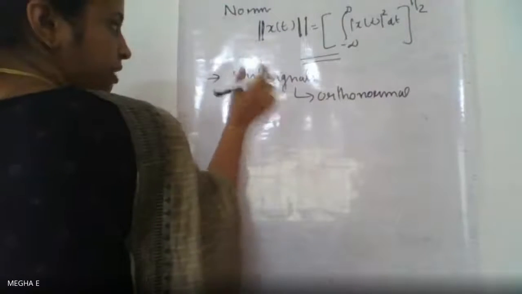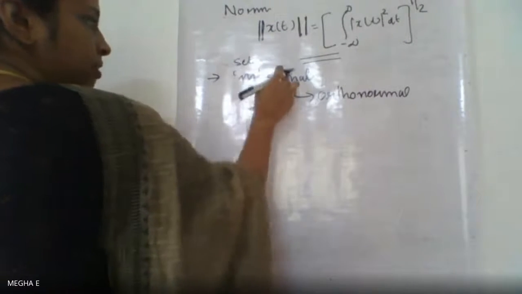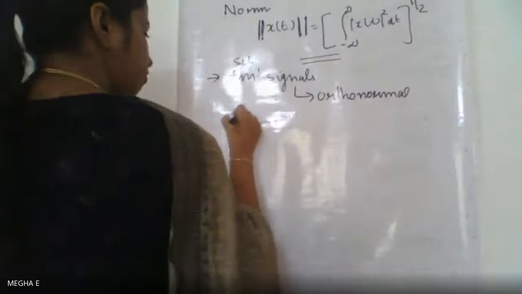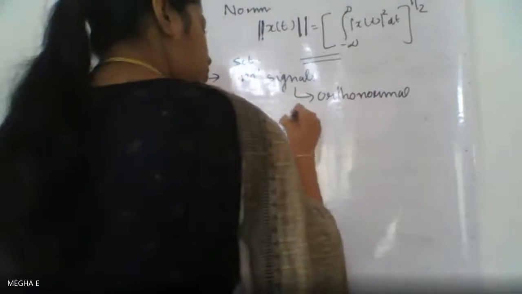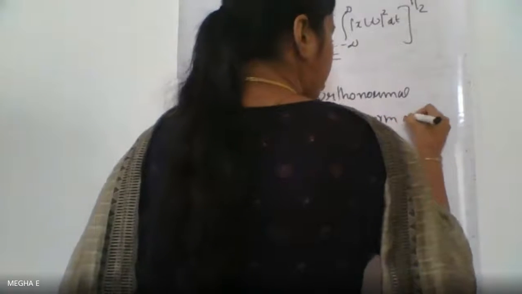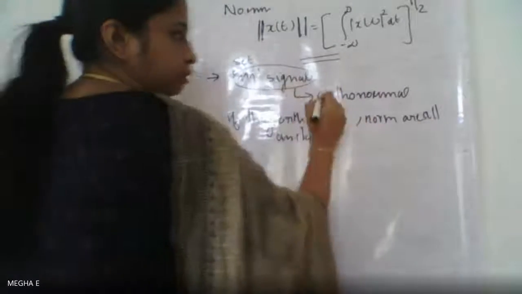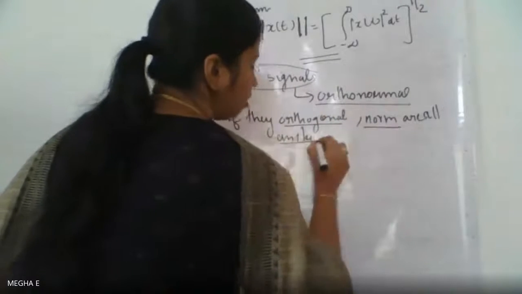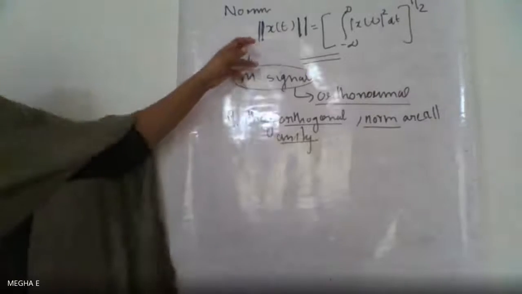A set of m signals is orthonormal if they are orthogonal and their norm values are all unity.